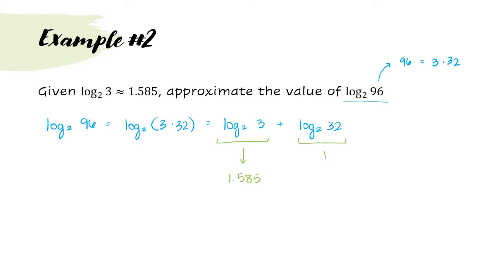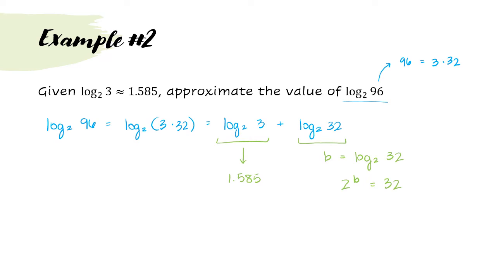Let's say again that this is equal to some variable. Let's use b. b is equal to log base 2 of 32. If I want to rewrite this in exponential form, we'll take my base 2, b as my exponent, and that's supposed to be equal to 32. So 2 to the b power is equal to 32.